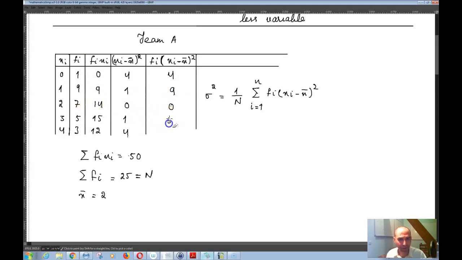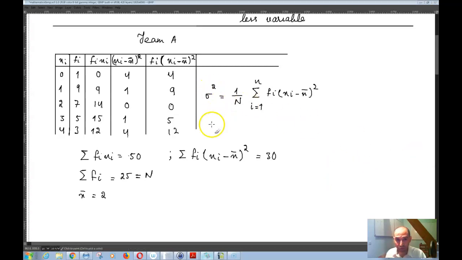That's a 0, that's a 5, and that's a 12. And so sigma f of I times x of I minus x bar whole squared is equal to all of these numbers added together. That's 13 plus 5 is equal to 18. 18 plus 12 is equal to 30.